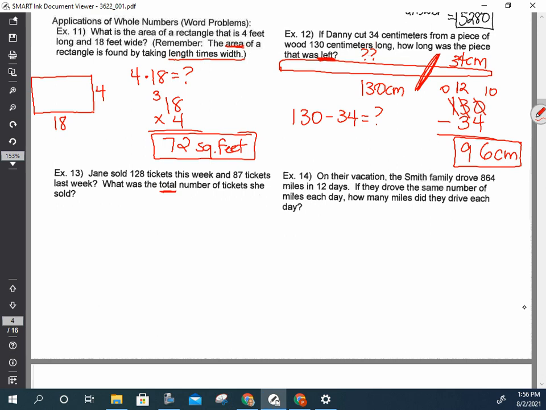So total here simply is telling us to take 128 plus 87. Then we do our computation. 8 plus 7, 15. 1 plus 2 is 3, plus 8 is 11. 1 plus 1, 2. So 215 tickets.